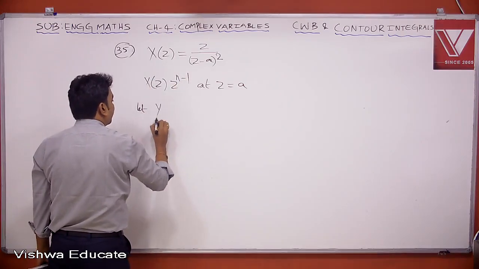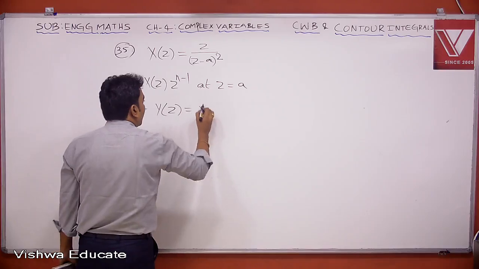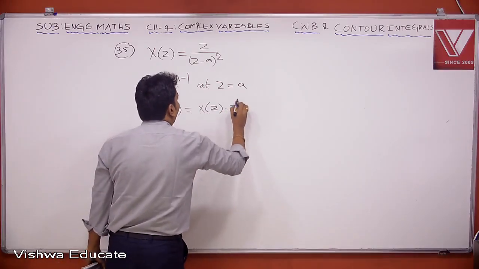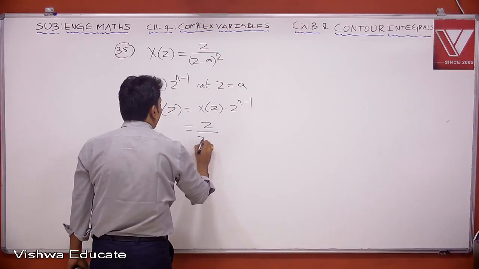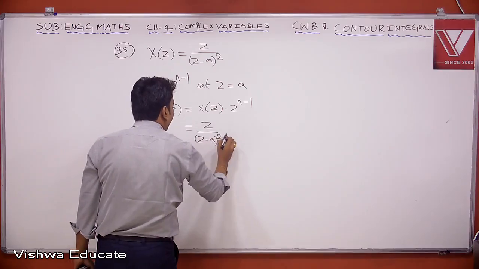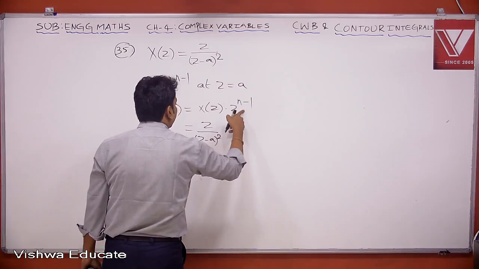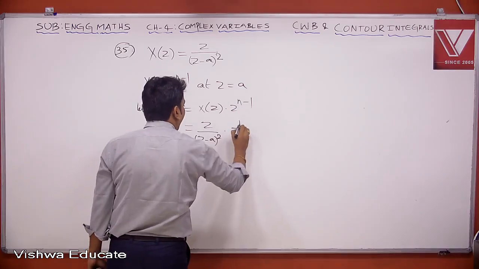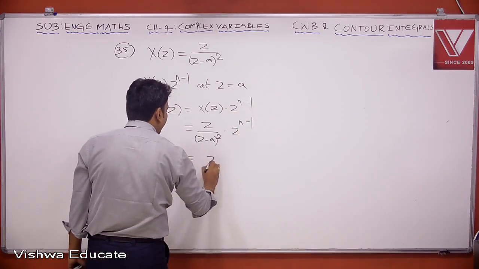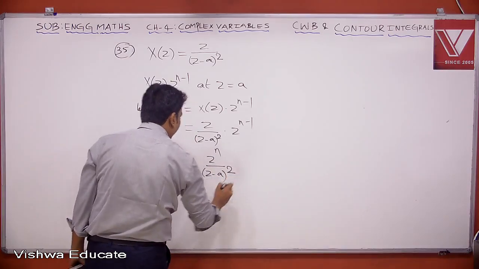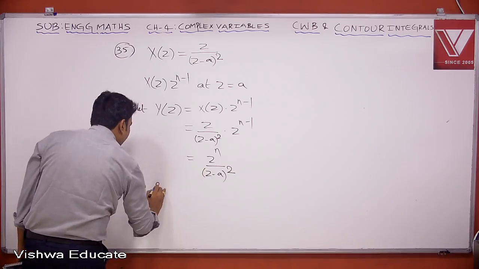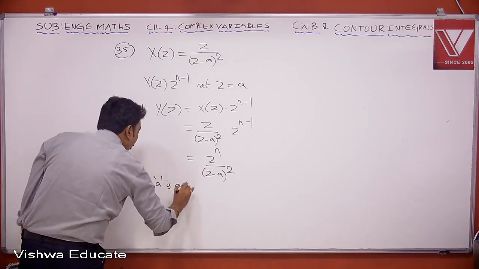So here assume that y of z equal to x of z into z power n minus 1. So therefore x of z is z by z minus a whole square into z power n minus 1. So this is given by z power n by z minus a whole square. Now here a is a pole of order 2.